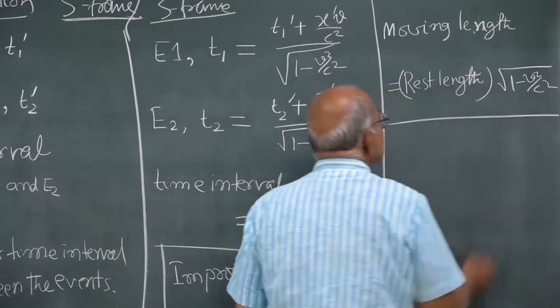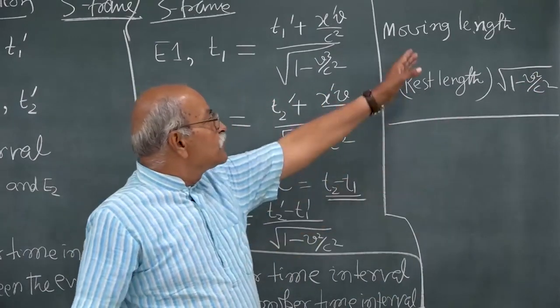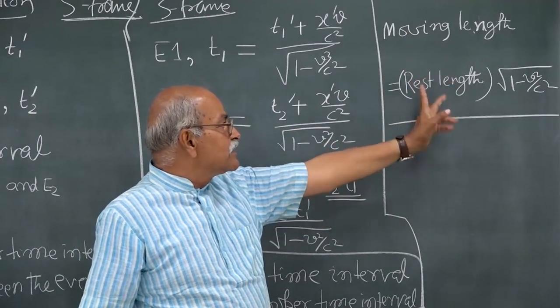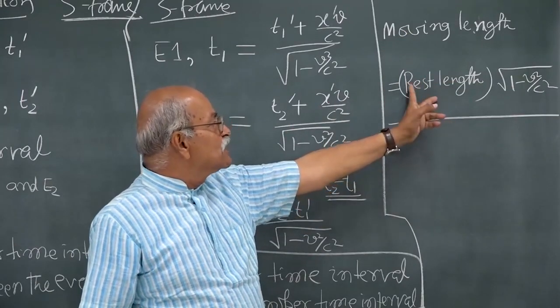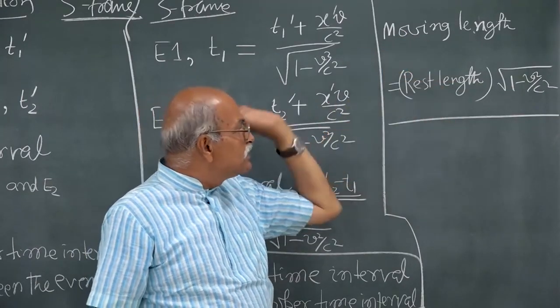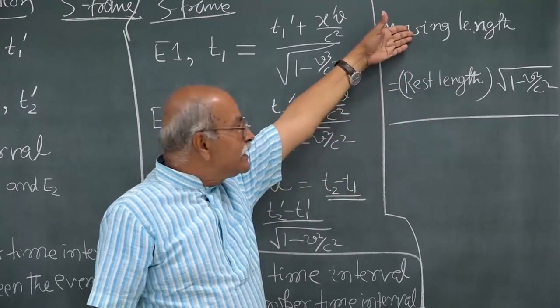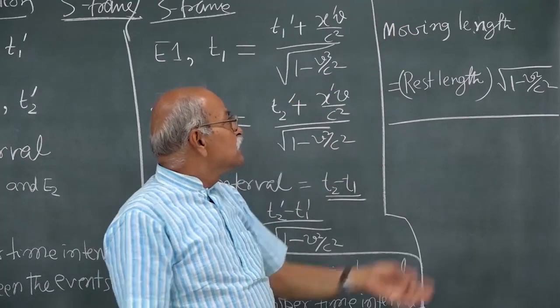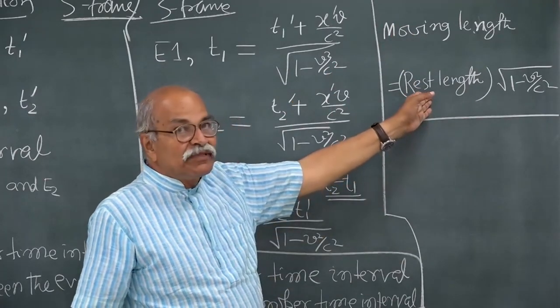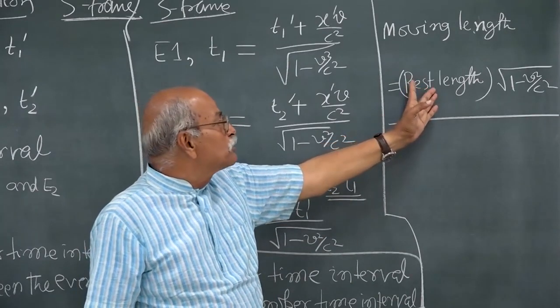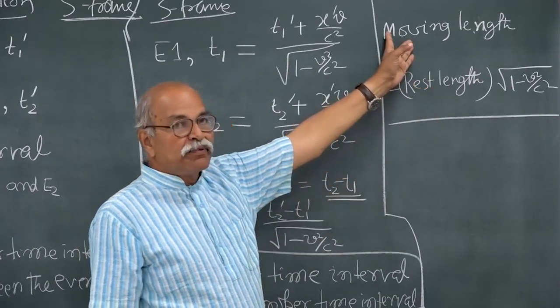This we had derived; this is called length contraction. The rest length is the largest length, and if you measure from some other frame in which this is moving, it will be reduced. That is known as length contraction. The rest length is also sometimes known as proper length. So, this is also called proper length and this is improper length.